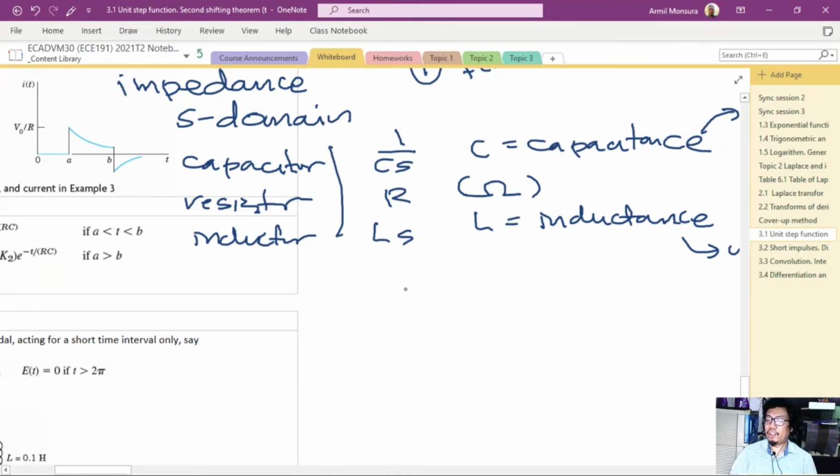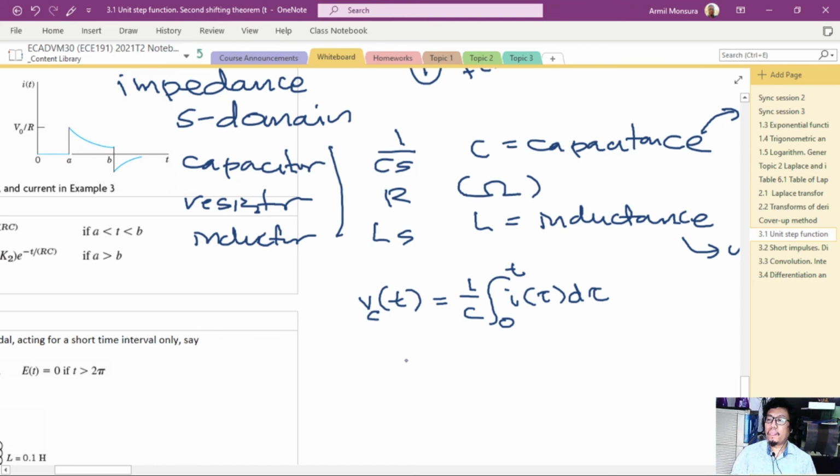For example, it starts with the voltage that flows through a capacitor. We call it VC of t, which is equal to 1 over C times the integral of i(tau) d tau, from 0 to t.